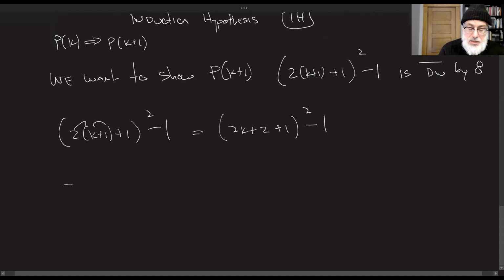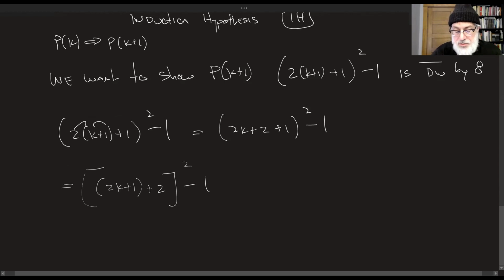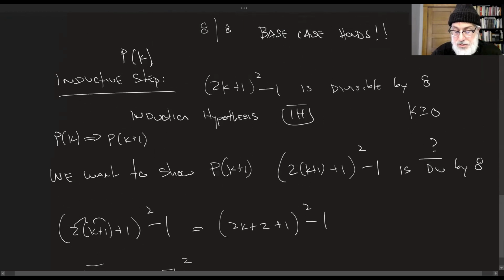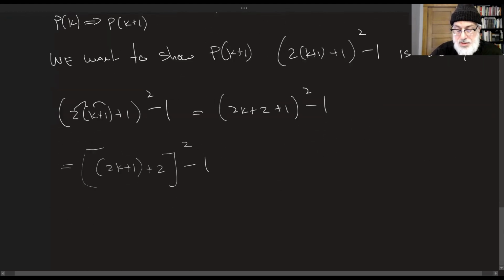So what I'm going to do here is group this a little bit differently. I'm going to say 2k plus 1 plus 2 squared minus 1. Now 2k plus 1 squared is what we want to end up with here.